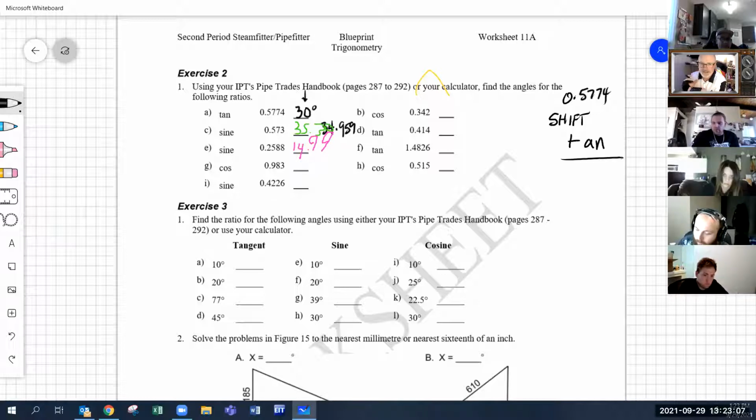And I know this is a little asinine and not a very appropriate use of your time, but it's great practice to figure out that when you have a decimal, you have to hit the shift button to get the actual degree of the angle. So that's why I'm having you practice it.